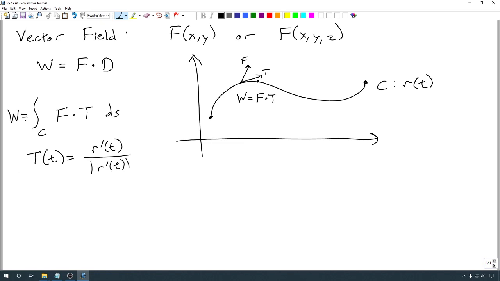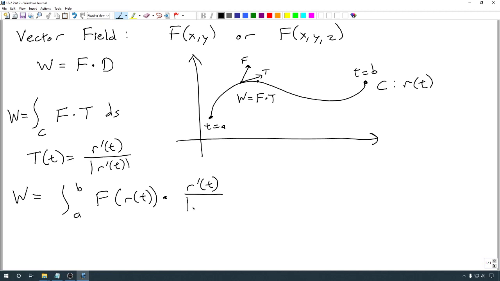If we plug that into here, let's say this is from t equals a to t equals b. So we're going from a to b. F here is actually F of r of t. We're dotting that with our unit tangent, which is r prime of t over the magnitude of r prime of t.